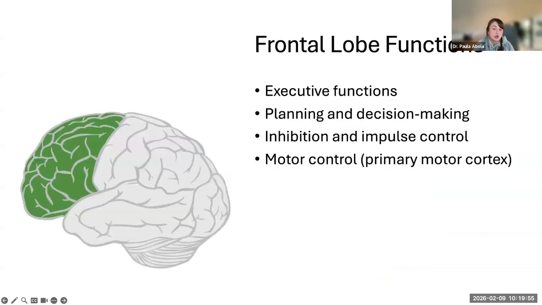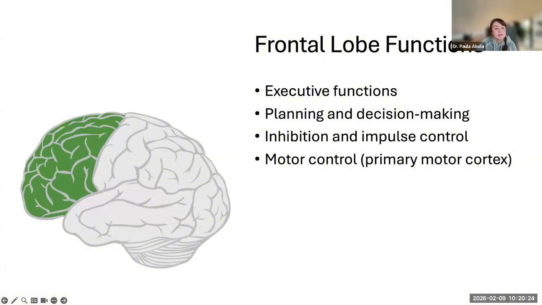So now looking more closely at the lobes. Here you see the frontal lobe, and these are central to goal-directed behavior and play a critical role in how we plan, initiate, and regulate our actions. So frontal lobes are involved in executive functions such as decision making, problem solving, planning, working memory, and inhibitory control.